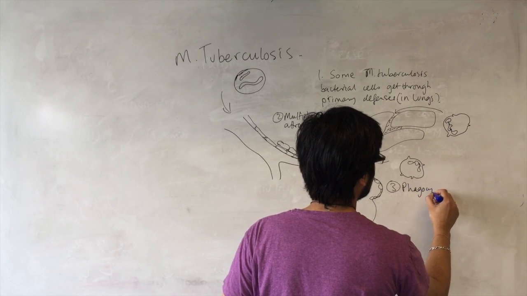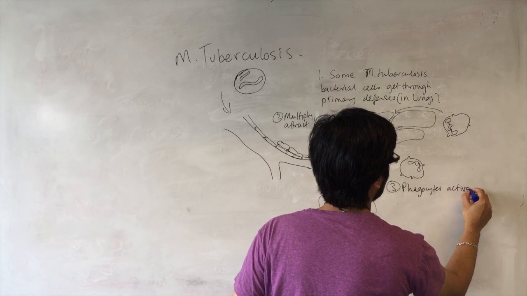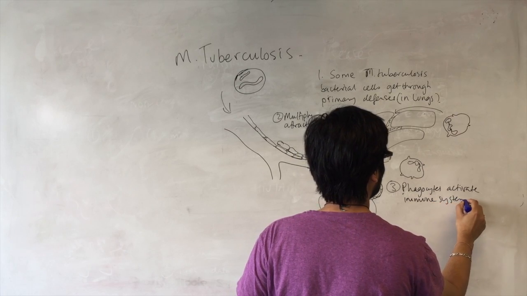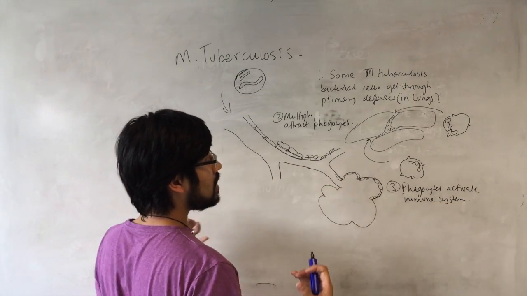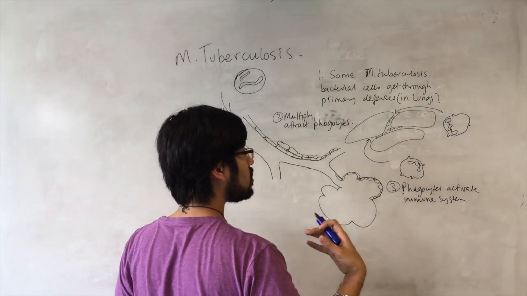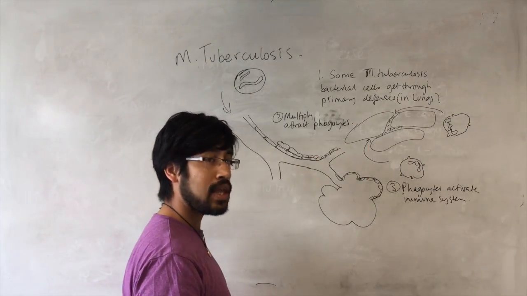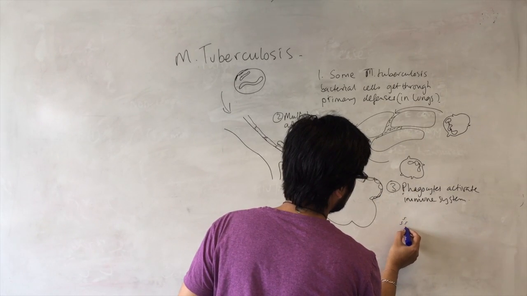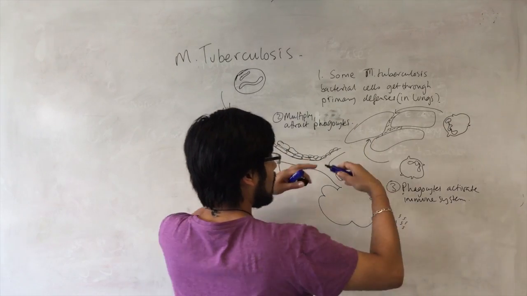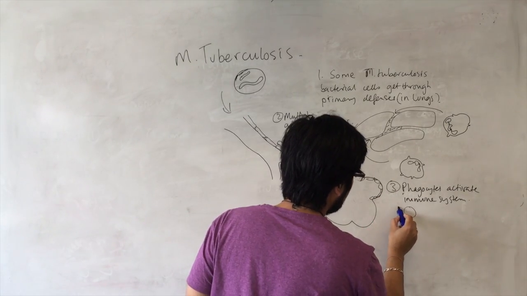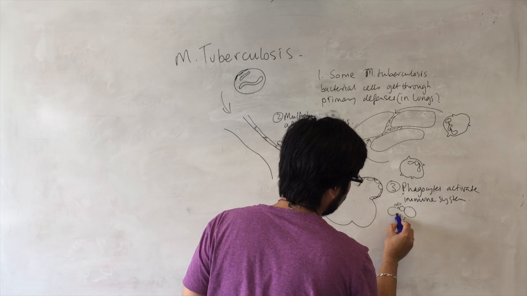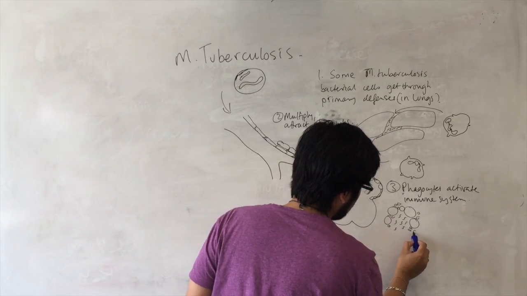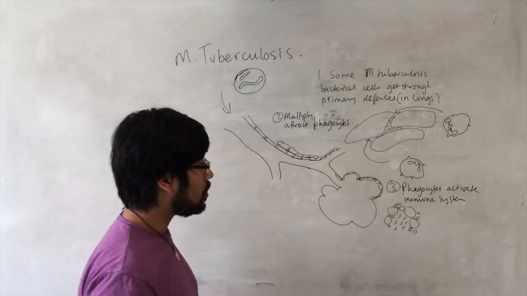So phagocytes activate the immune system, and so our body makes a directed immune response to these cells. And what happens is that the bacteria eventually get encased in many cells of our immune system. Effectively, they're sealed off from the rest of the body.